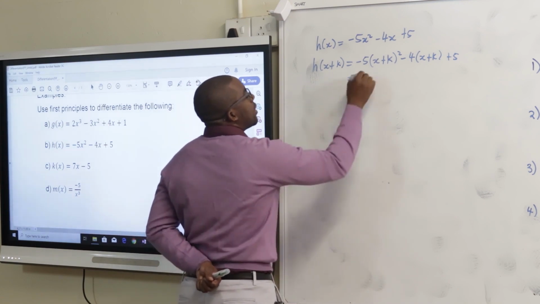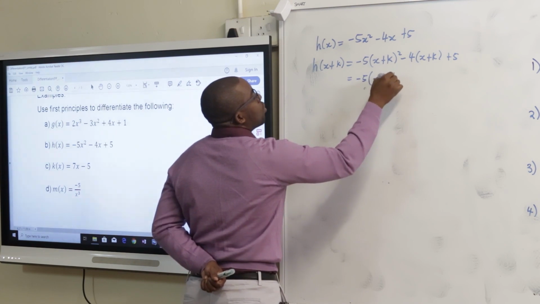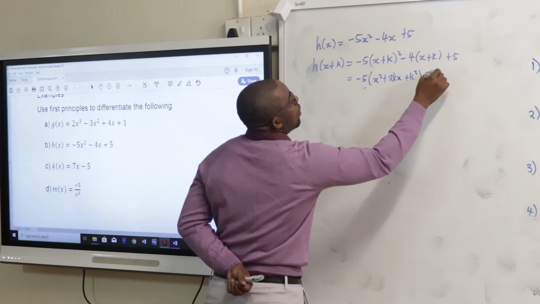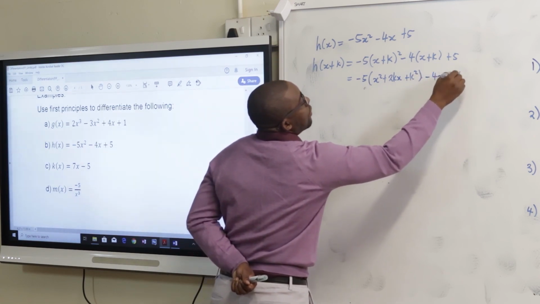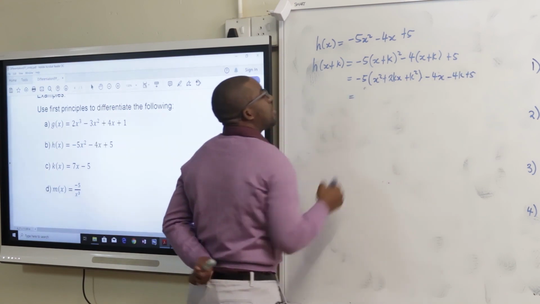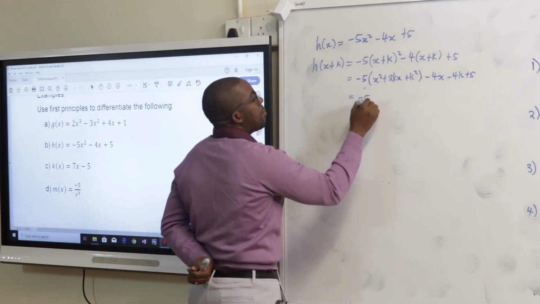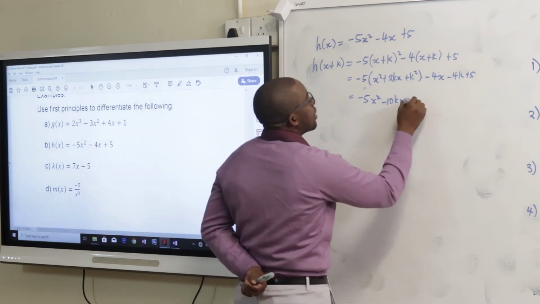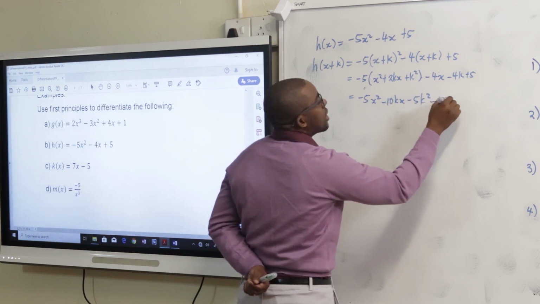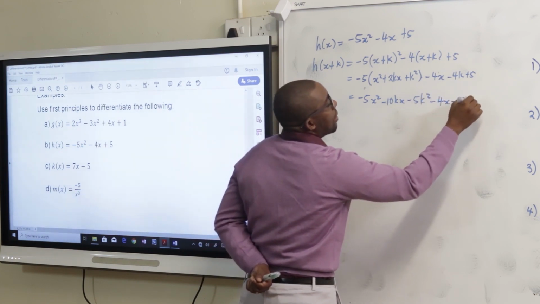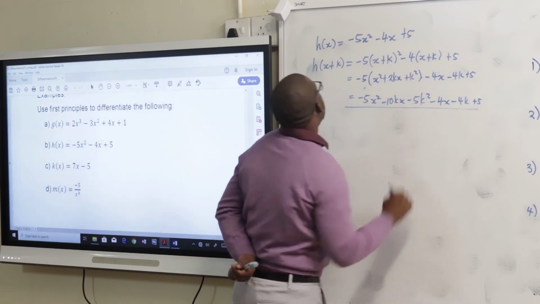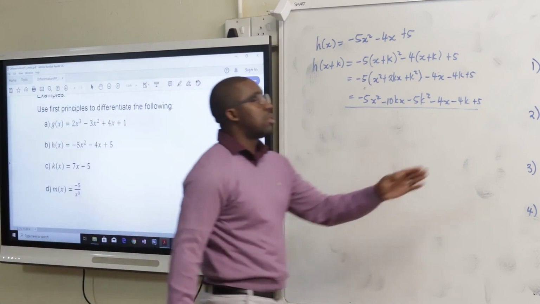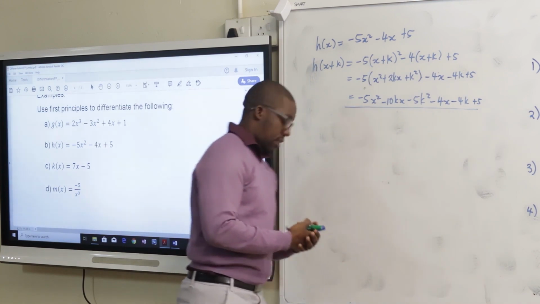Minus 5 multiplied by x squared plus 2kx plus k squared, minus 4x minus 4k plus 5. Finally, we are having minus 5x squared minus 10kx minus 5k squared minus 4x minus 4k plus 5. This is the first step. Use functional substitution to get that.